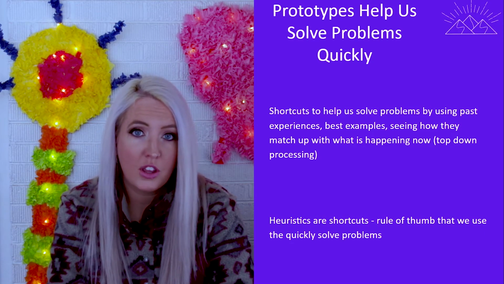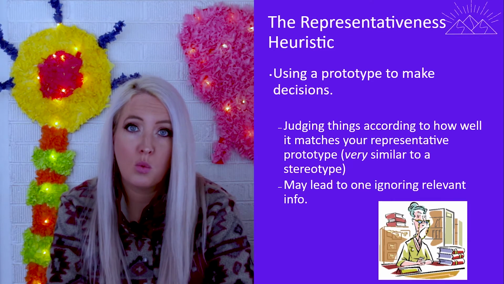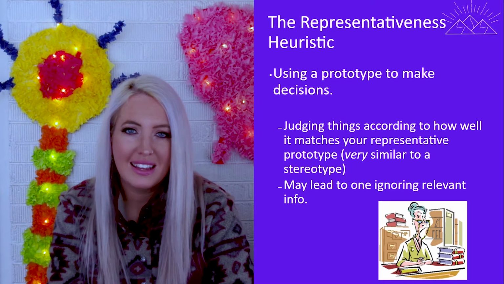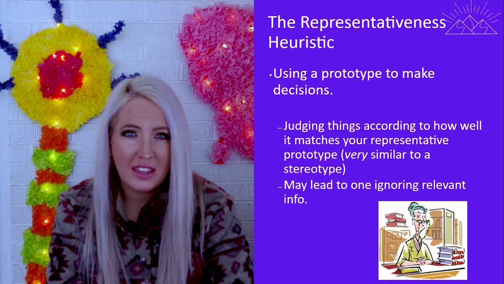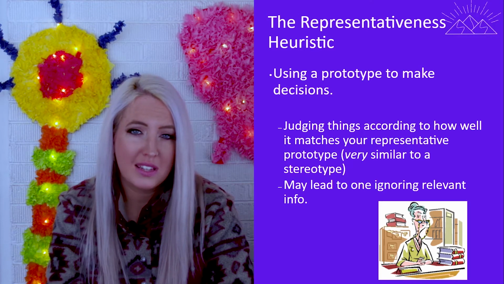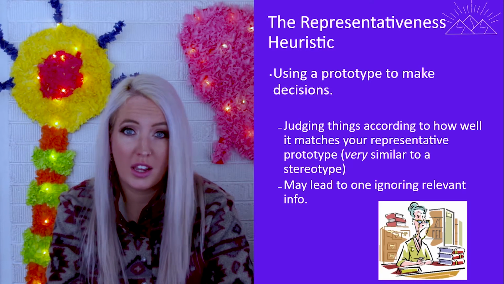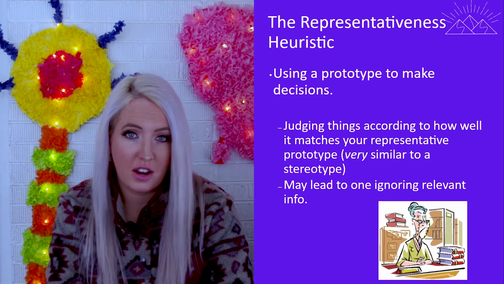One type of heuristic is called the representativeness heuristic. And this is where we use those prototypes to make decisions. It's kind of like a stereotype in a sense, because we are judging things based on how well they represent our prototype. And oftentimes, if we're talking about, say, people, our prototype might actually be a stereotype.